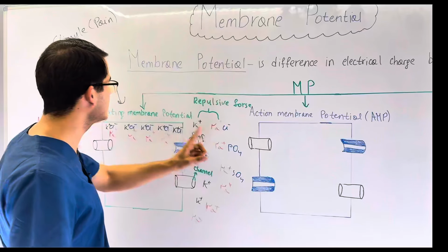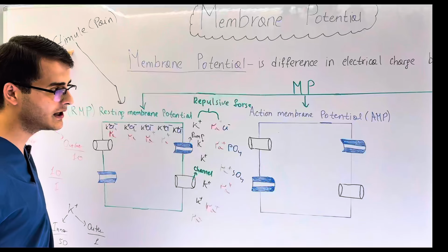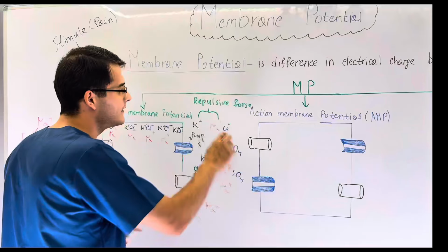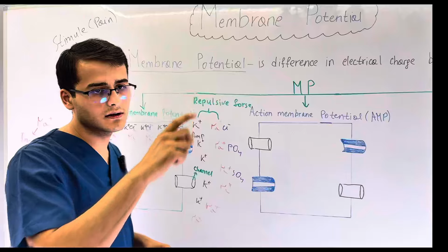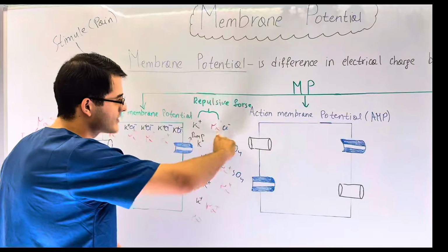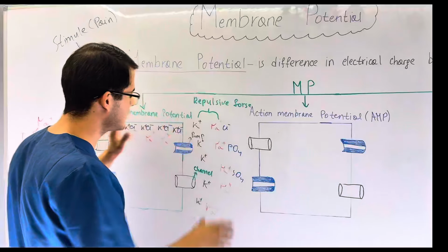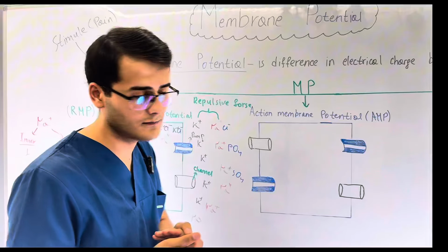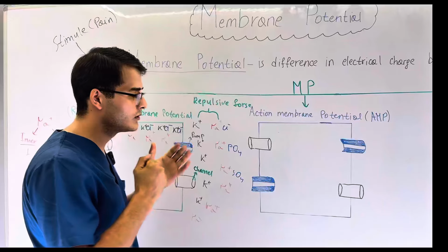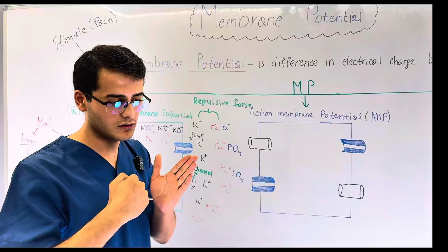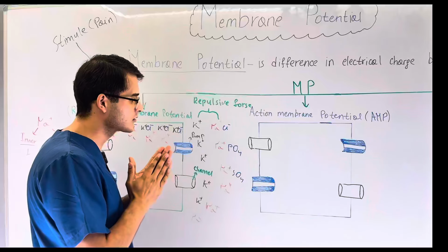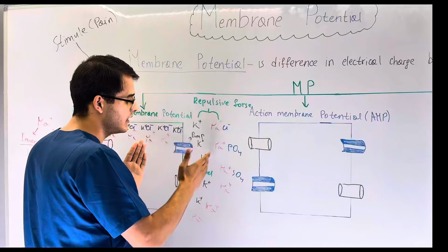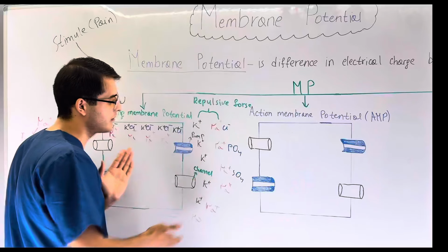But when you affect it with the stimulus, which can be pain, pressure, temperature, whatever you want, this sodium, who was with a chloride and doesn't care about the inside of the cell, will decide to enter inside of your cell. And what is he gonna do? He will try to enter inside of your cell, but he cannot because there is another positive charge, which is potassium, on the outside of your membrane.